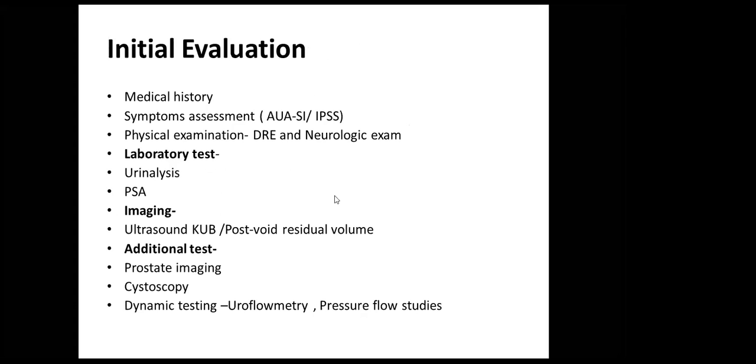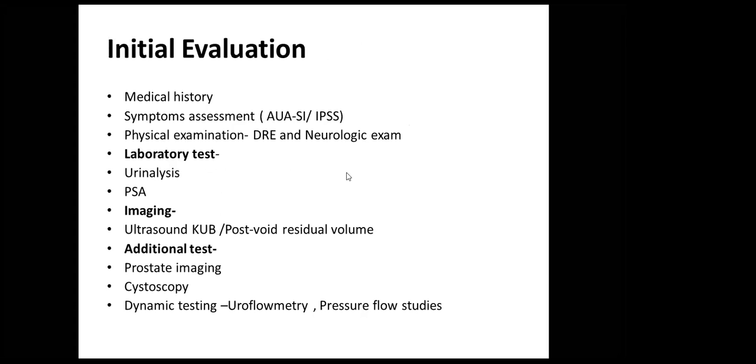Sir, initial evaluation should include medical history, which should include the evaluation of the storage symptoms and the voiding symptoms. This information is assessed to know the impact and severity of the symptoms, and other history such as urethral trauma, hematuria, and pain should be elicited.